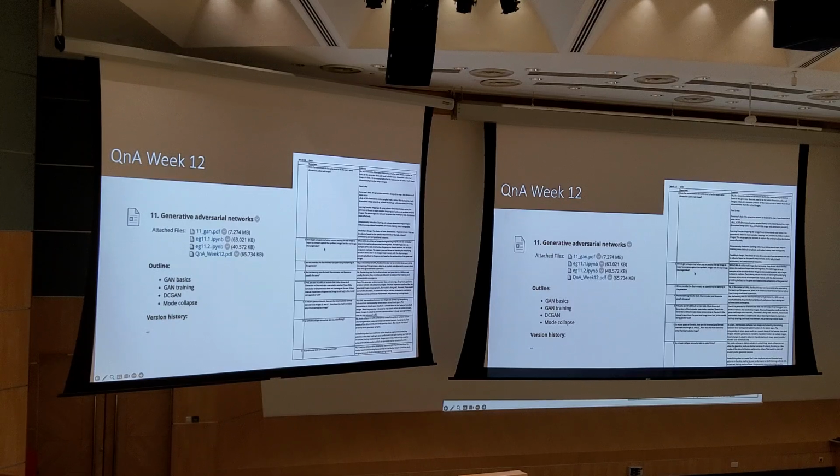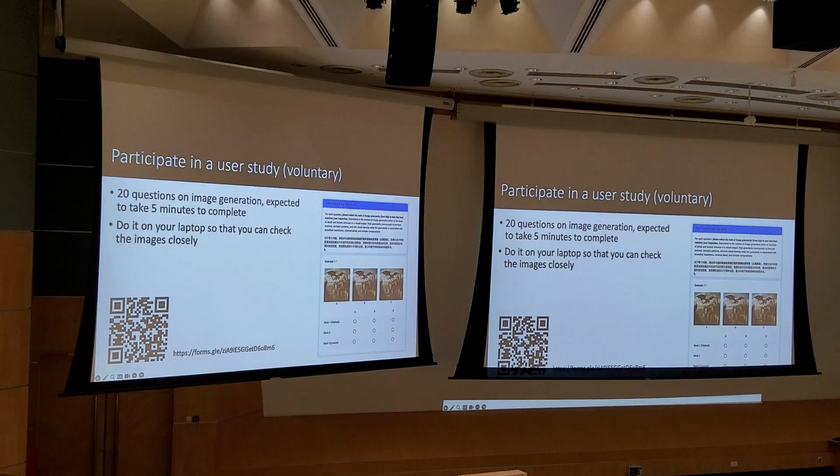Before I start the class, I have a request. This is not part of the course, it's purely voluntary. I wish to request you to participate in a user study in my experiments. My lab is working on diffusion models.